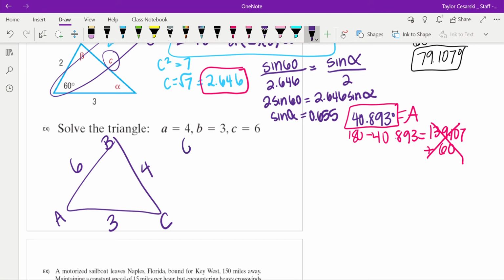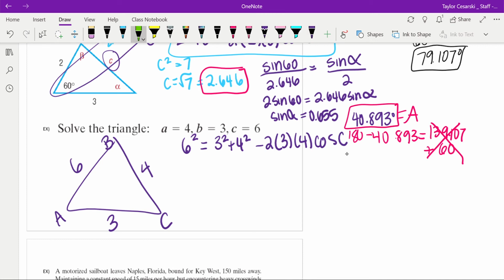I'm going to do just the 6 squared, just because that's the biggest. So 3 squared plus 4 squared minus 2 times 3 times 4 cosine of C. Okay, and again, all I'm doing is just plugging those numbers in. The order of the 3 and the 4 do not matter. Okay, and the 6 and the C because those are across from each other.